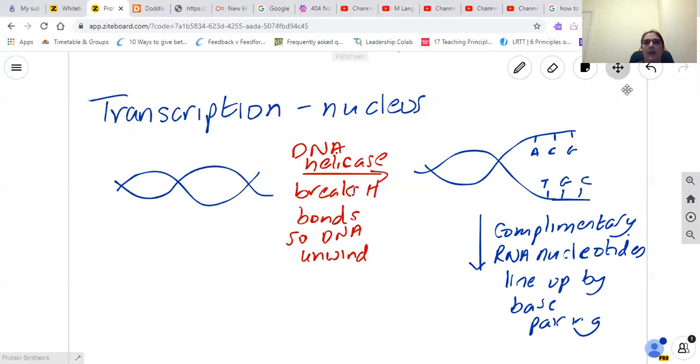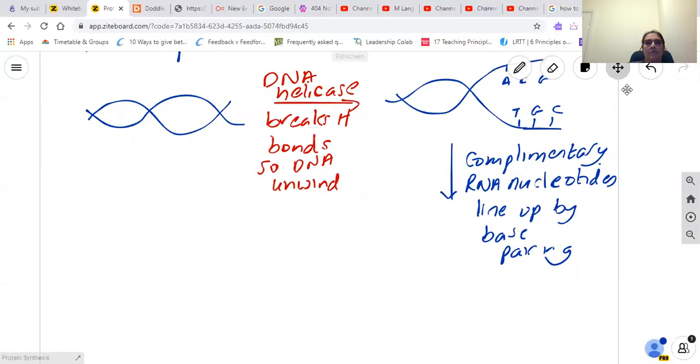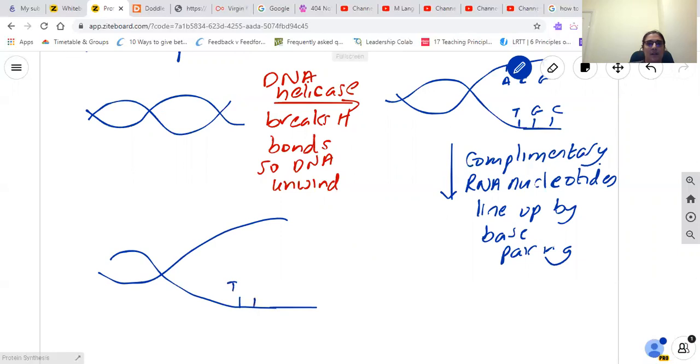So if I have a look at my piece of DNA, and I have my sequence, T, G, C, A, and I've got my sequence up here as well.